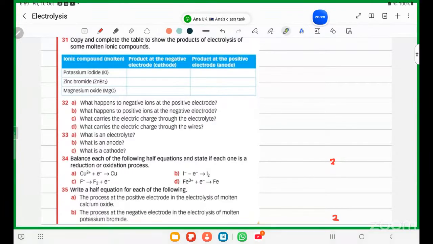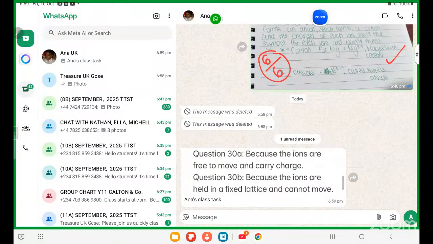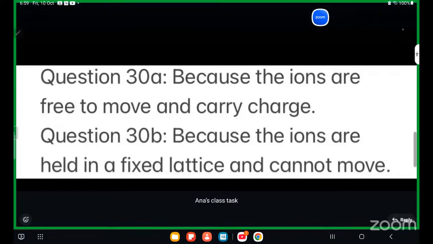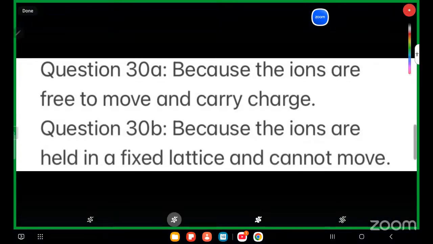Because the ions are free to move and carry charge. Because the ions are held in a fixed lattice, your response is not complete.